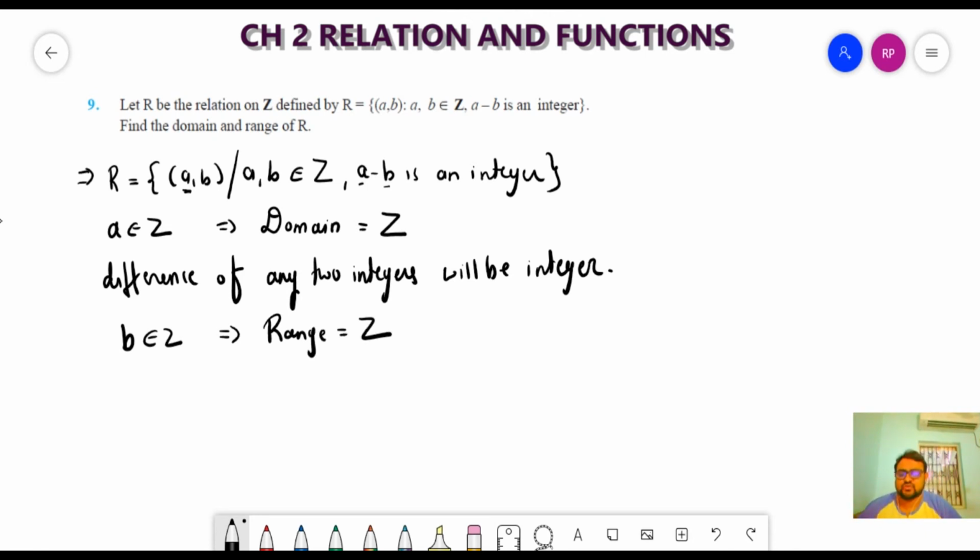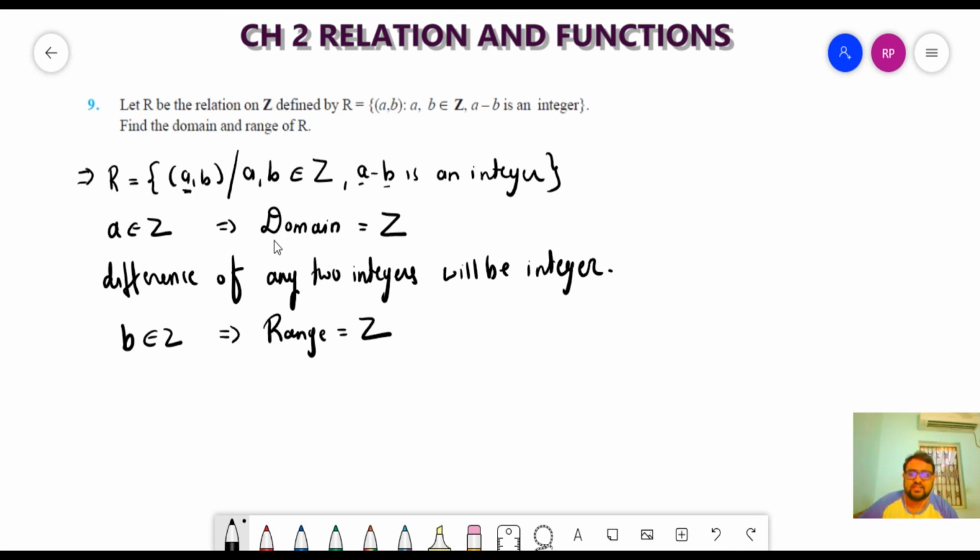So this was about question number 9. So just note it down. Because here any integer a and any integer b we take, the difference will be an integer.